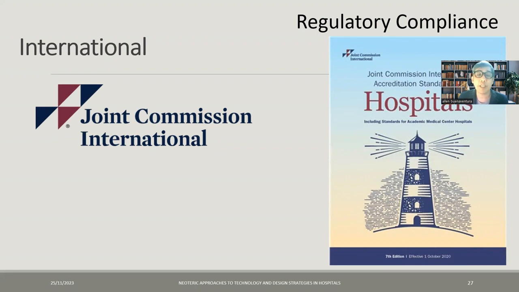The system of accreditation was based essentially on assessment of compliance with the standards through self-assessment as well as an on-site survey by an external team of surveyors appointed by JCAHO. The program involves accreditation of hospitals in any country of the world, including the Philippines, on the basis of uniform quality standards called the JCI standards, designed for international application. So some of our hospitals in the Philippines have the seal of JCI.